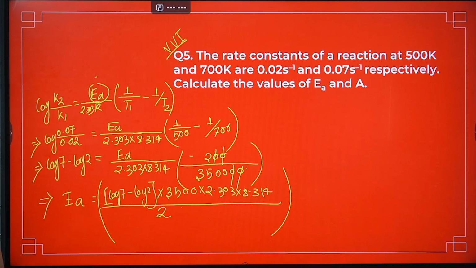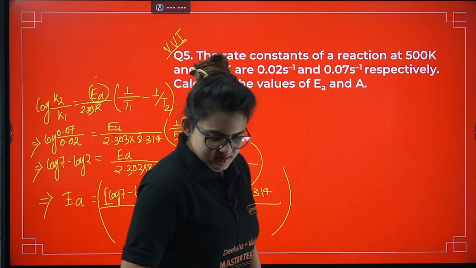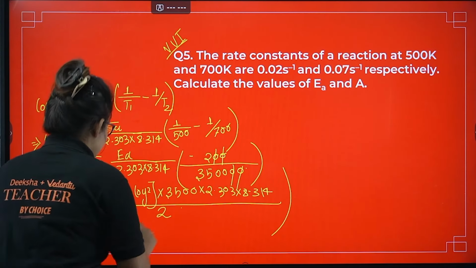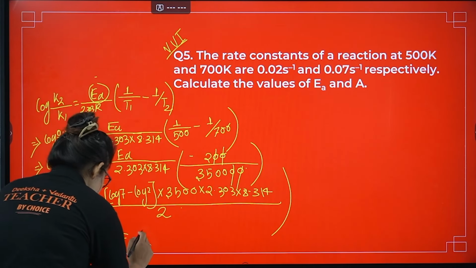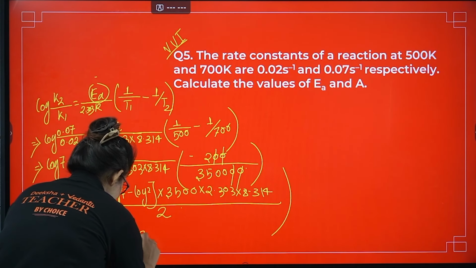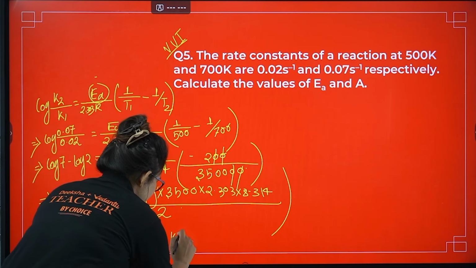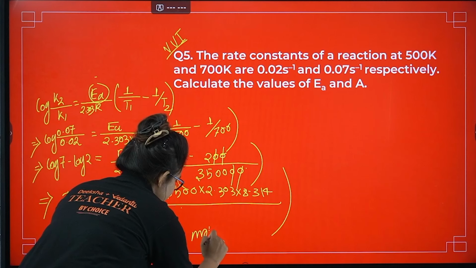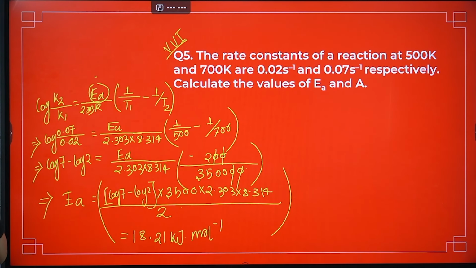If you calculate this, the EA should come up to be something like 18.21 kilojoule per mole. Okay, 18.21 kilojoule per mole. I guess this is clear to you.